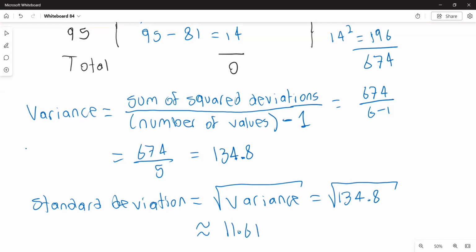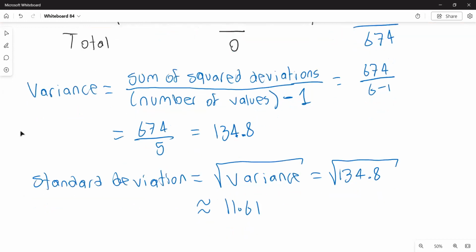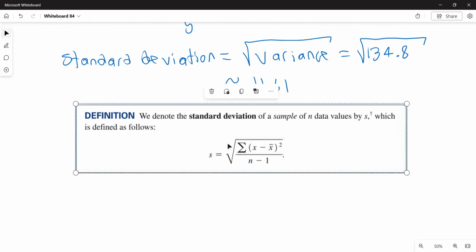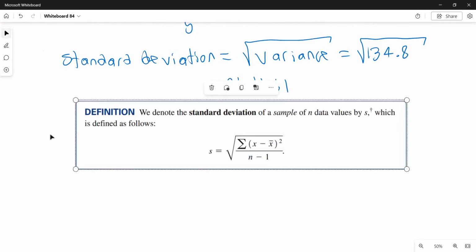Okay, so I told you all this with an example, but I'm going to copy the definition of the standard deviation. It's always good to organize the information on a table. Once we do that, we're going to find the variance, divide by the total number of data values minus 1, and take the square root.